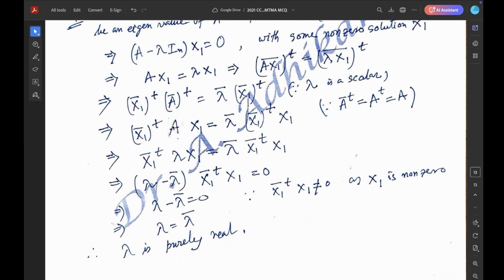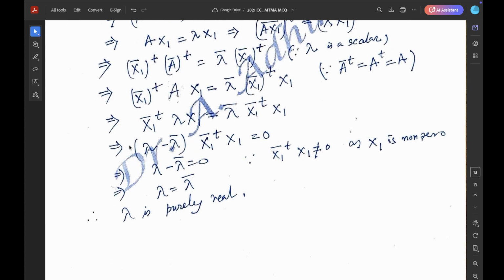Now post-multiplying on both sides by X1 from the right, we get A X1 equal to lambda X1. So we get (lambda minus lambda bar) X1 bar transpose X1 equal to the null matrix.